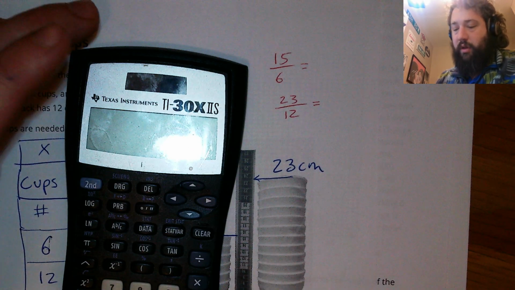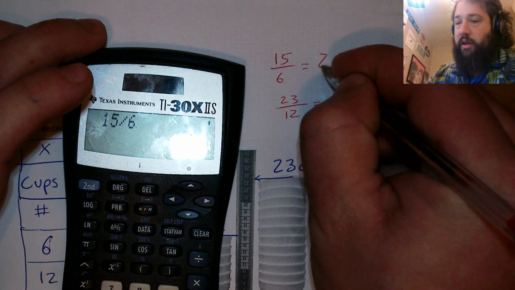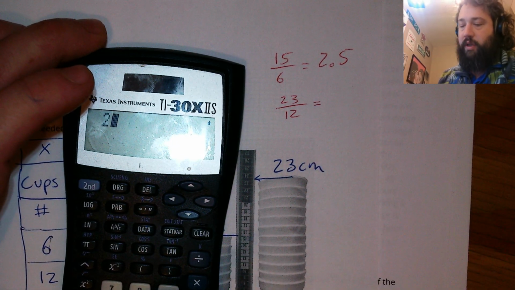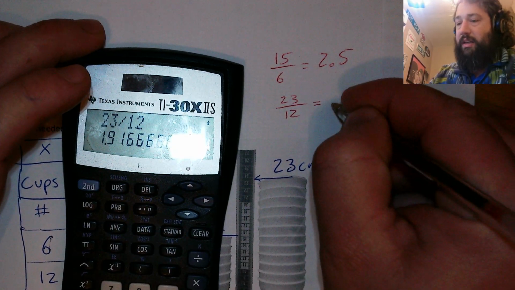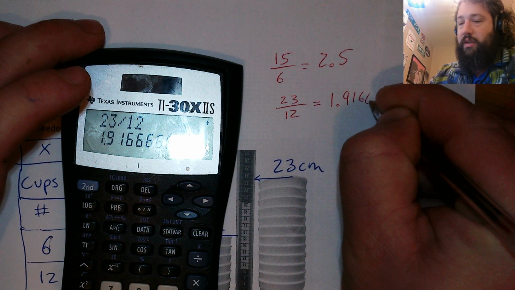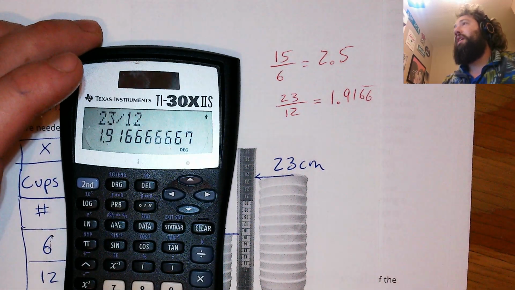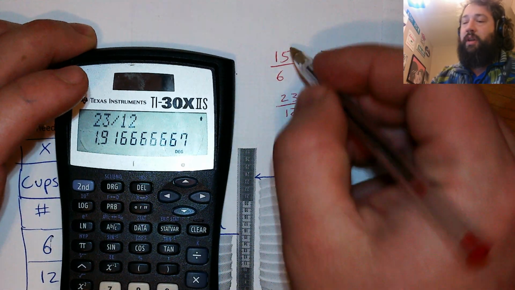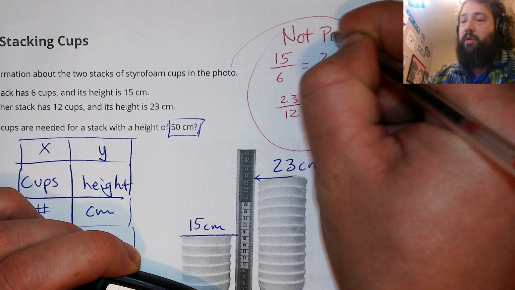When I run those, 15 divided by 6 gets a 2.5. That's a nice ratio. And 23 divided by 12, well, that is a very challenging decimal. We got a bunch of 6s and then a 7 there. Okay, so these are not the same. These are not proportional.